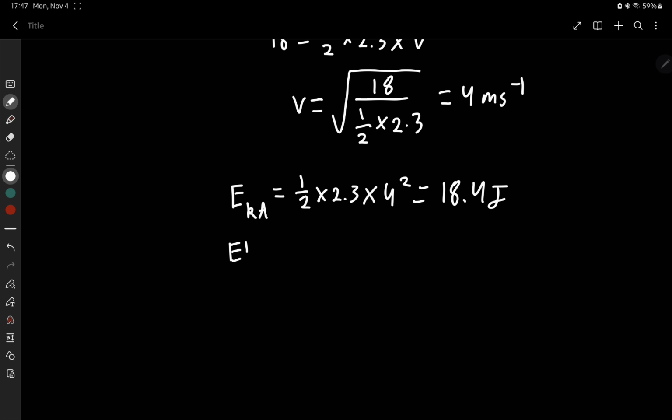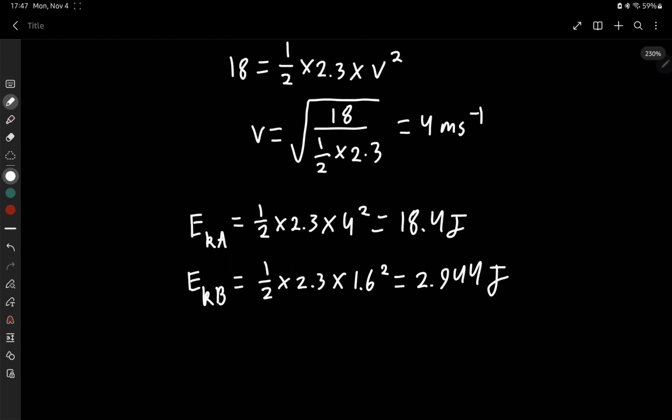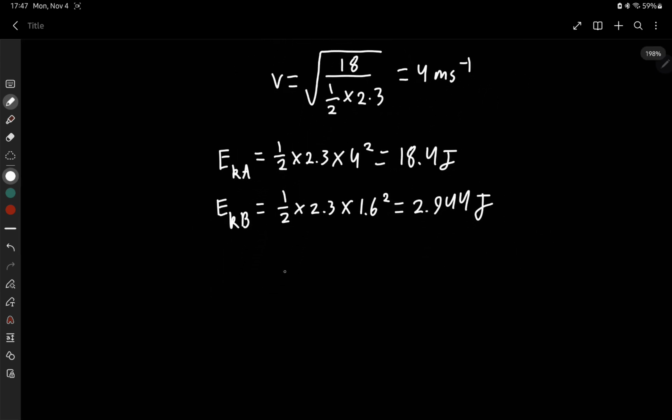And then the kinetic energy at point B, with 1.6 meters per second, is 2.944 joules. And if we find the difference, that's just 18.4 minus 2.944, and that's 15.456 joules. So that's the energy lost due to friction.